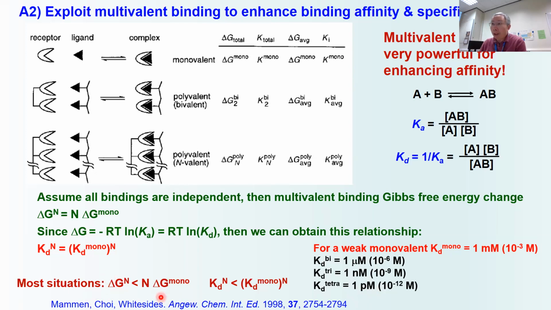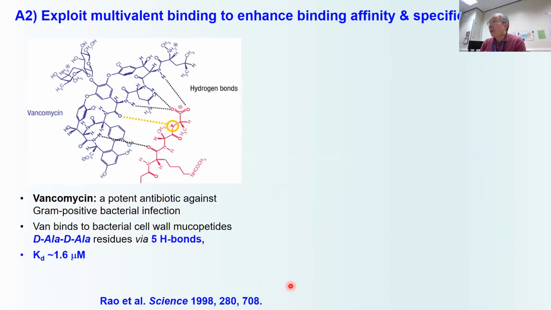But in most cases, the delta G for n binding is actually smaller than n times the monovalent binding. So in that case, the overall KD for n binding is going to be less strong than that predicted in theory.